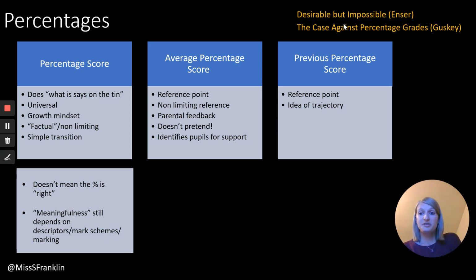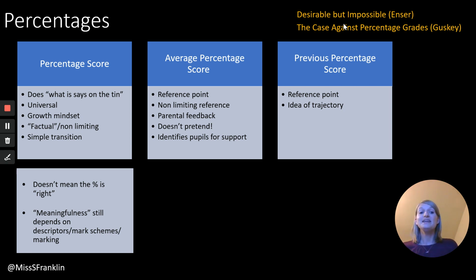Now, some flaws with the system: just because the percentage is there doesn't mean it's right. It doesn't mean that it is accurate. It is not possible to have an accurate score per se, because all assessment has inherent flaws within it. But it means that it is meaningful in the context of what we are using it for.